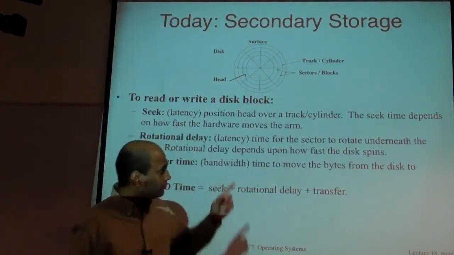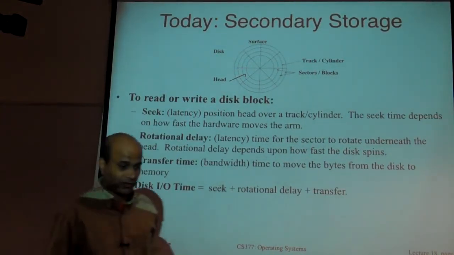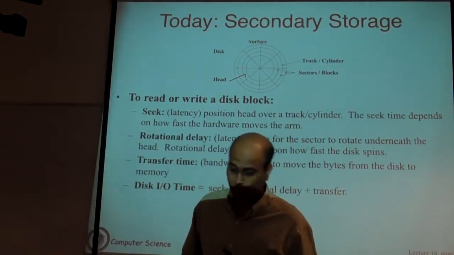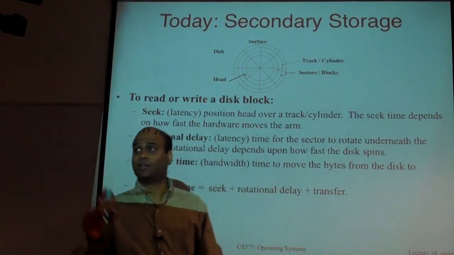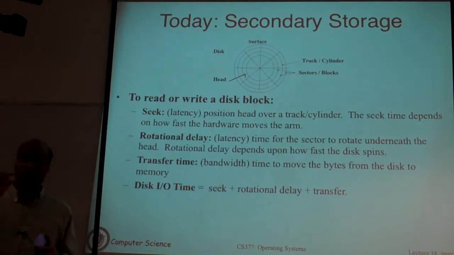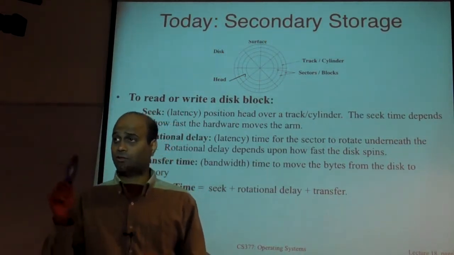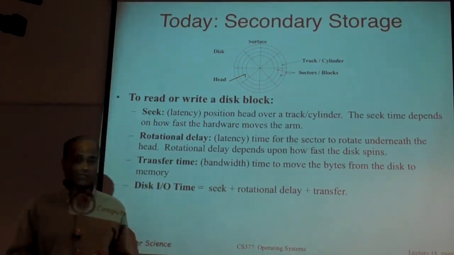Okay, so this is a recap of what I showed you last time. This time I did bring a CD just to show you. This is basically the platter that is inside a disk, very similar to a CD or DVD RAM drive. Typical disks have a stack of these platters, so each of them is a surface on which data is recorded.